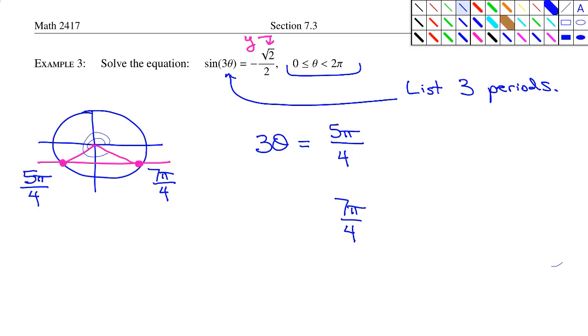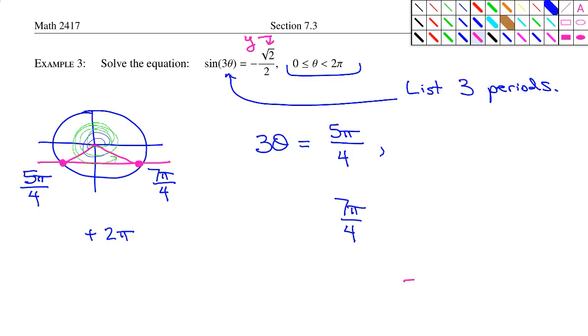Now I need to continue on to a second rotation and a second rotation for the second angle as well. So what do we get here? Well, the easiest way is to add 2 pi to the answers you already have. So let me do that right here.